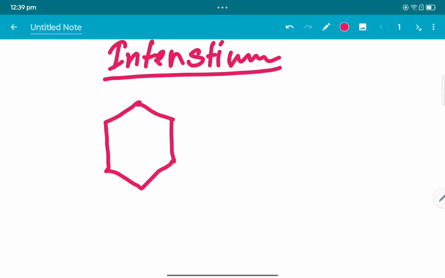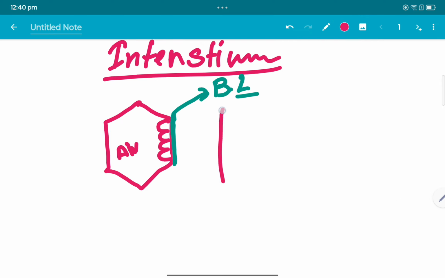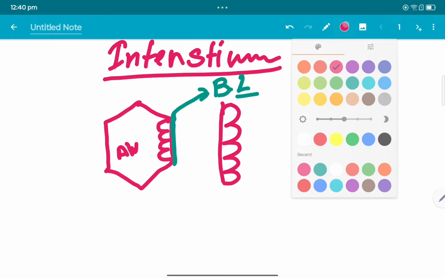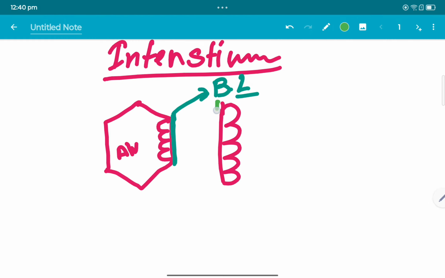Okay, suppose this is the alveoli, this is the epithelium cell of the alveoli, and this is the basement membrane. And this is our capillary, this is the capillary endothelial cell, and this is the basement membrane of the capillary endothelium, or basal lamina.